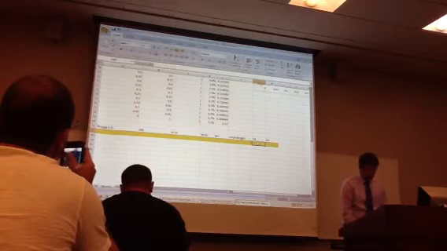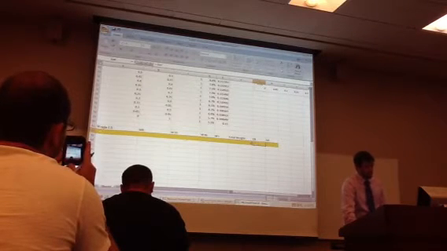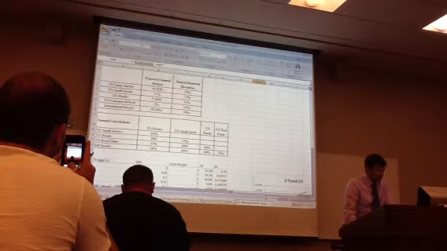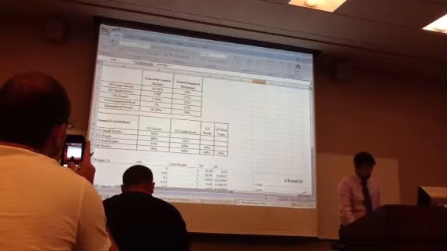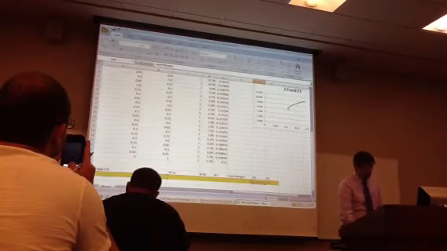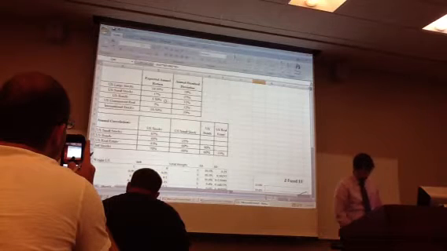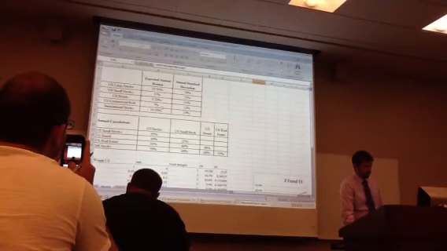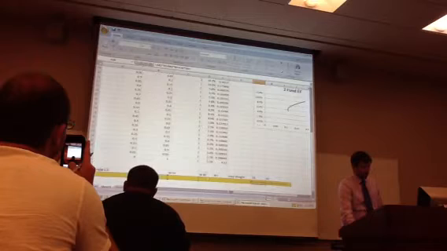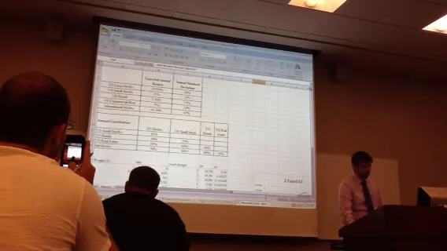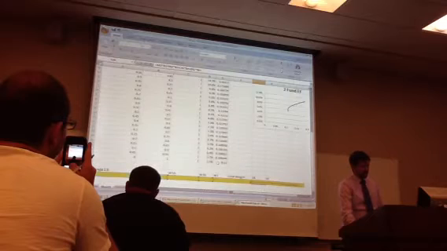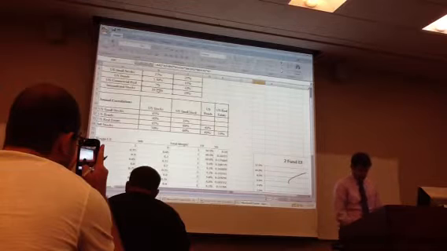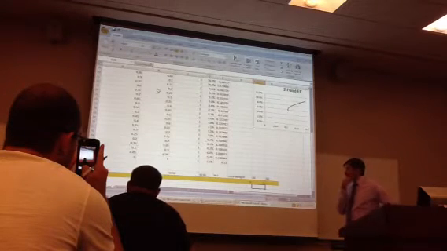The expected return equals the weight times the return plus the weight of bonds times the return on bonds plus, you guys get the idea. Leave this blank also.